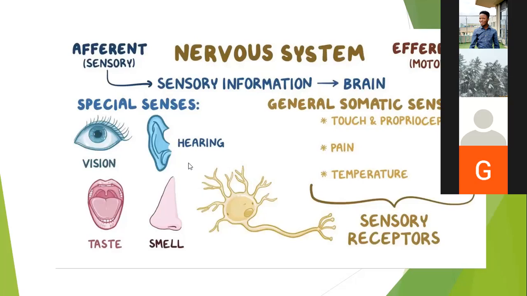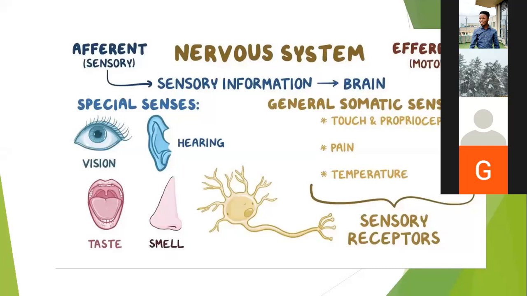There is the organ for hearing, which is the ear. And the one for smell, which is the nose, and the tongue for taste. Those are special organs, and they have special receptors. Now, the other receptors are able to detect sensations from all over the body. They are not specifically organized in one area.